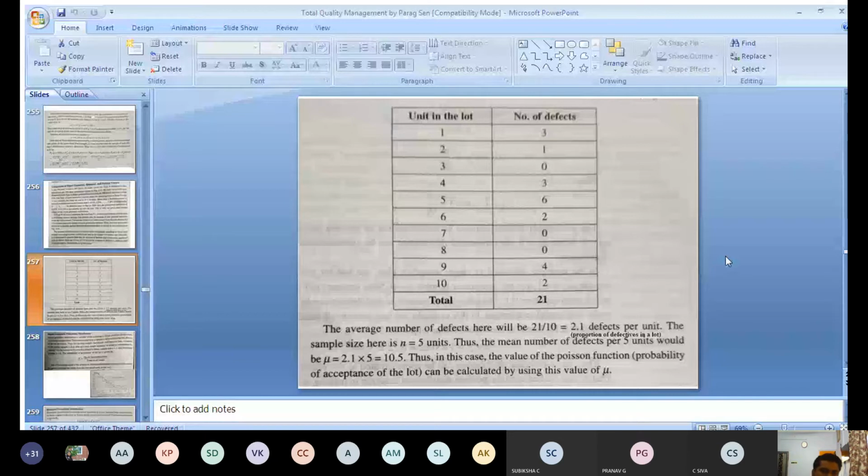In this case, the probability of acceptance of the lot from the Poisson function can be calculated by using this value of mu, because you will be checking all 5 items.